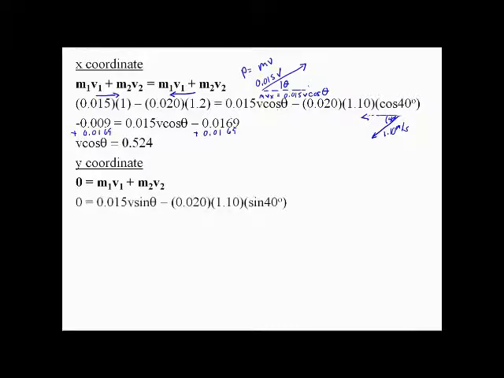Now in the y coordinate, again, we're working with momentum, so it'll be the mass times the velocity times sine of theta. And for the other one, it's pointing downwards, so it's mass, velocity, sine of 40 degrees, and I made it negative.